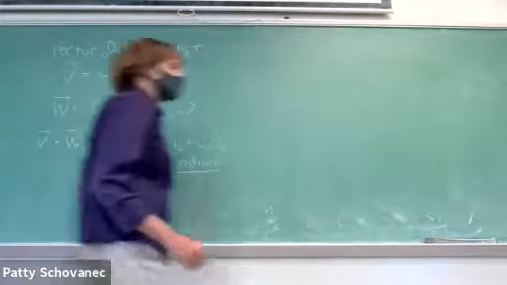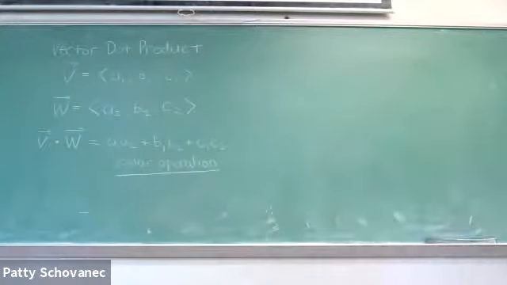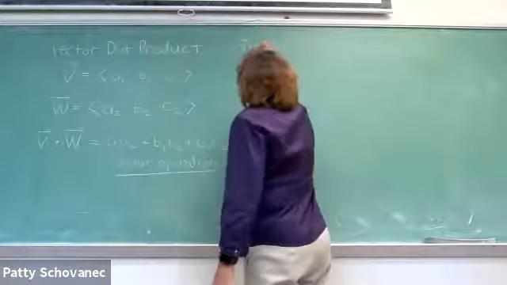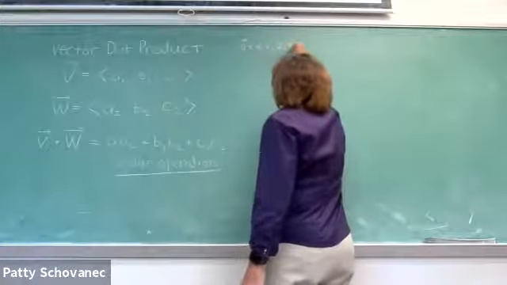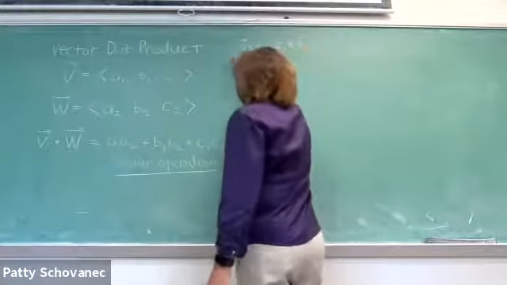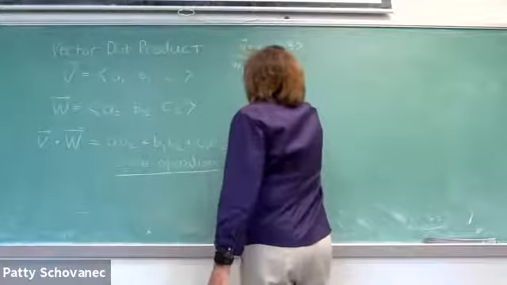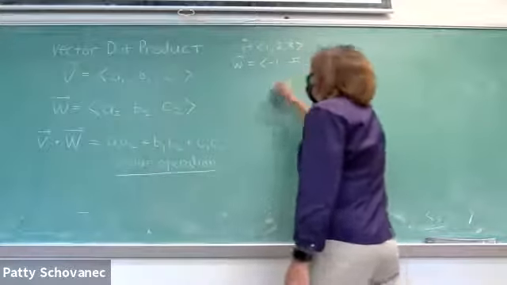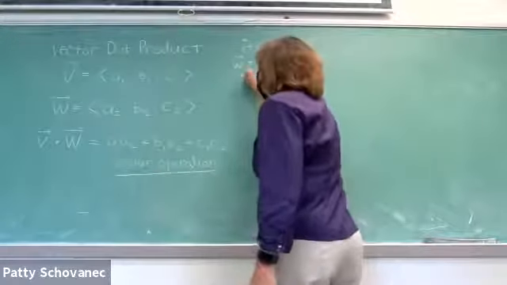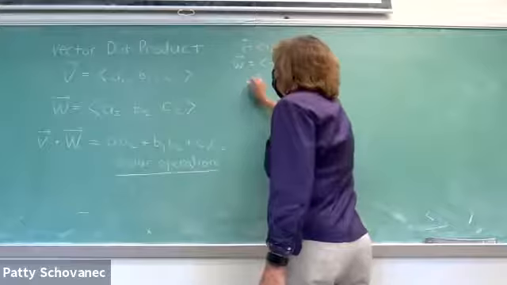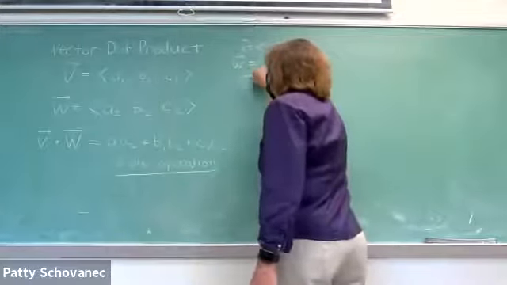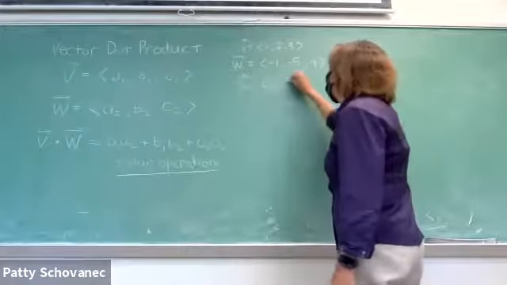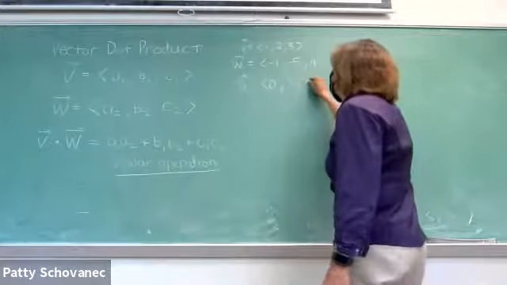So for instance, let's take the vector V to be the vector 1, 2, 3, W to be the vector -1, -5, 4, and S to be the vector 0, 3, 2.